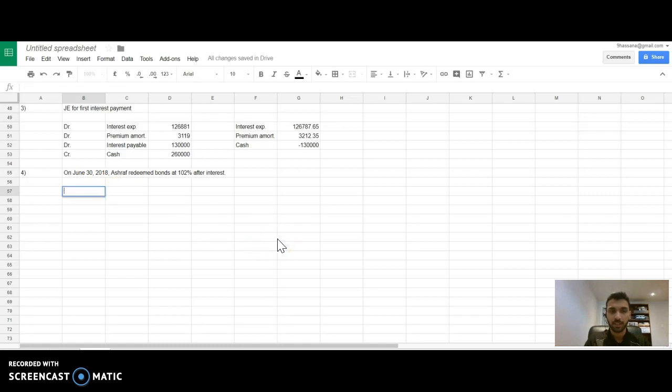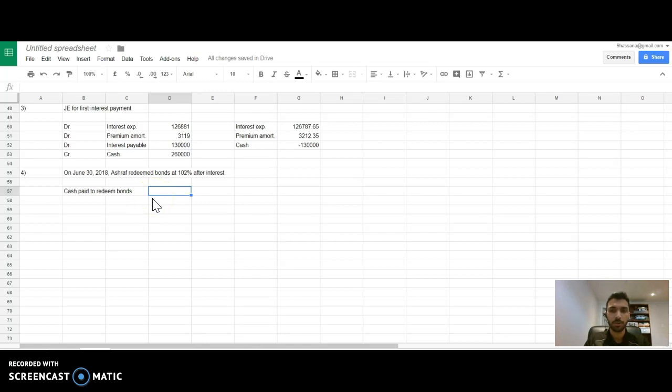Okay, so in this case, we'll say cash paid to redeem bonds, and it says 102%. So 102% of the original face amount, because from an external perspective, the people that have bought your bonds will know that the face amount is what they were going to get back at the end.